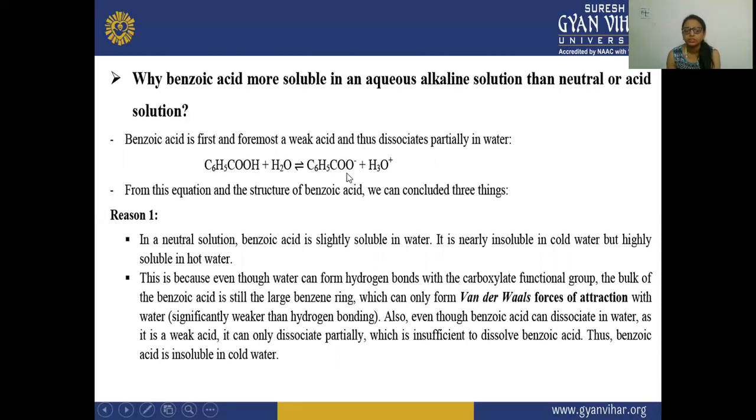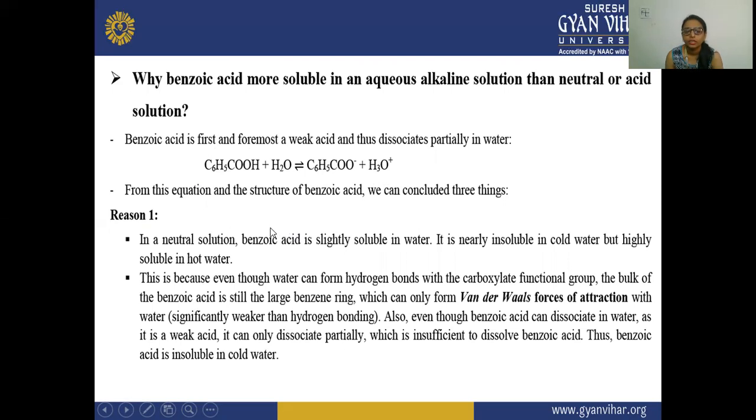From this structure of benzoic acid, we can conclude three things. First is the reason that in neutral solution benzoic acid is slightly soluble in water, in cold water it is insoluble, and in hot water it is highly soluble.